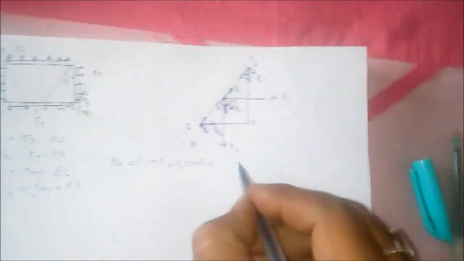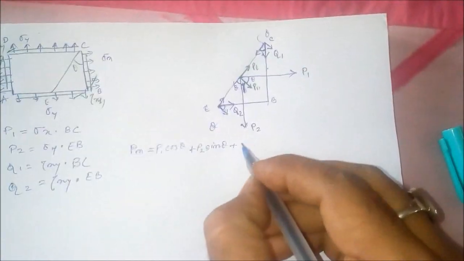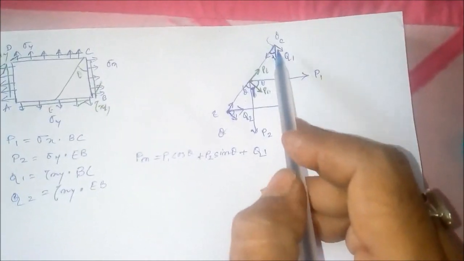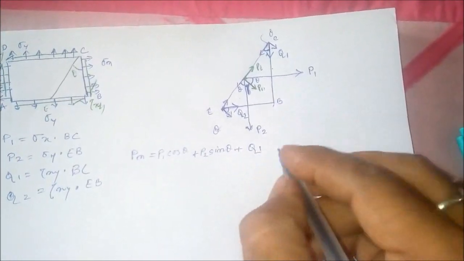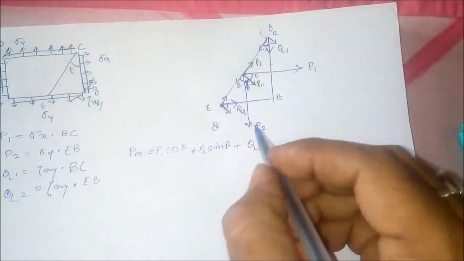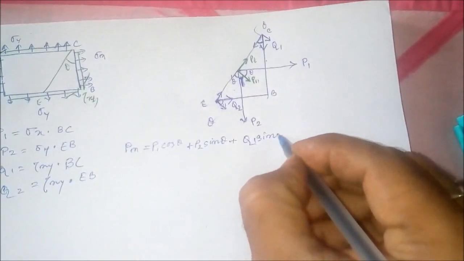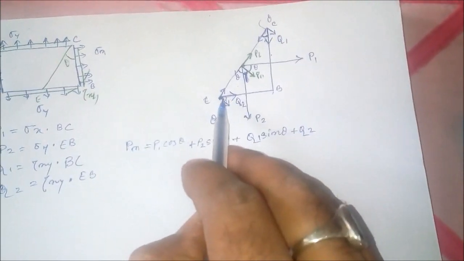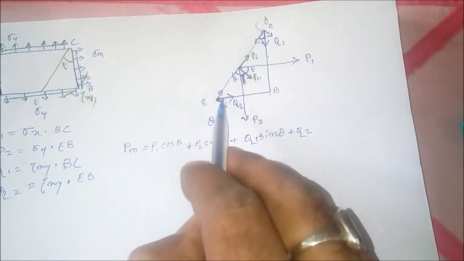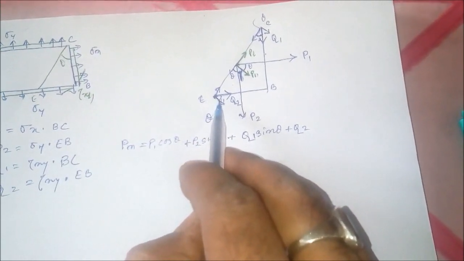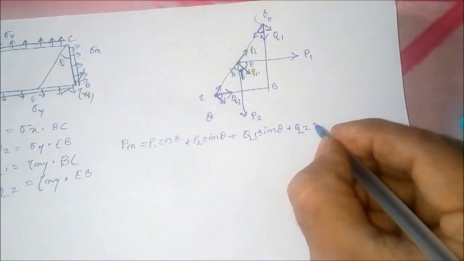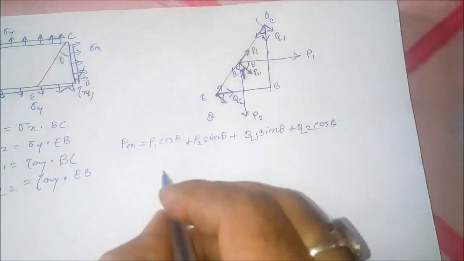Plus, due to Q1, there will be two components. If this angle is theta, this will be sin theta, plus Q2. For Q2, two components, so this will be Q2 cos theta, right?